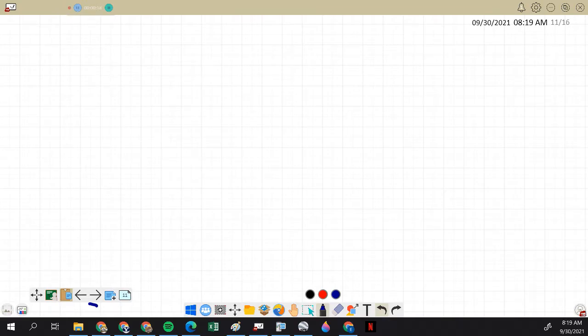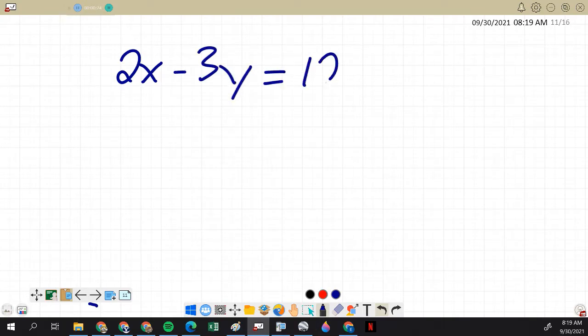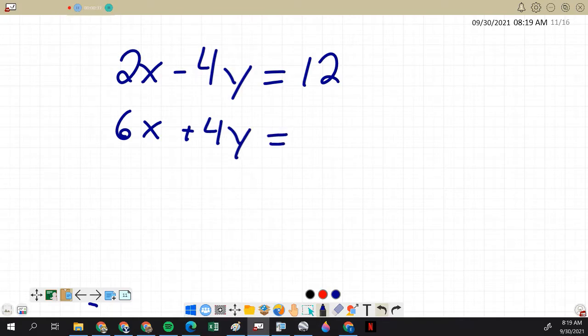So if I had 2x minus 3y equals 12, let's do 4. And then 6x plus 4y equals, I don't know, -4. So what I have here are two lines.